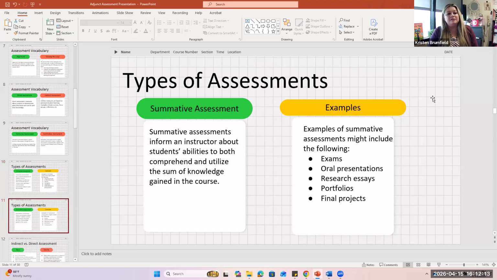And summative assessment is another type, and those inform an instructor about the student's abilities to both comprehend and use the sum of knowledge that's been gained in that course. Some examples would be exams, oral presentations, research essays, portfolios, and final projects.